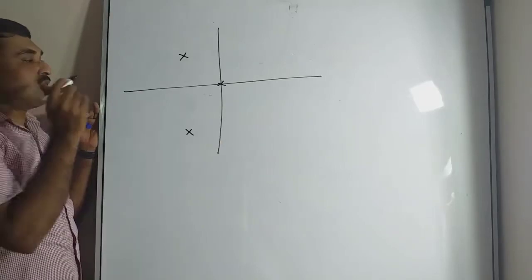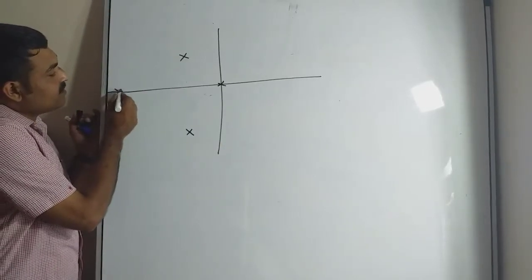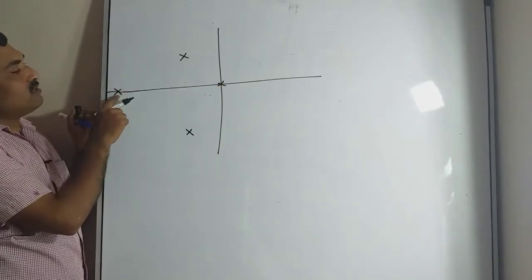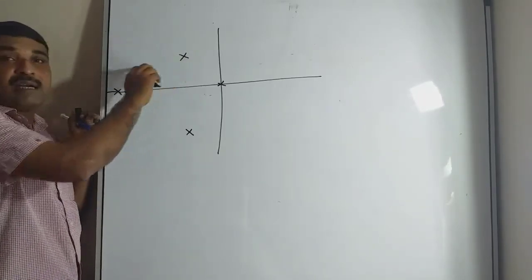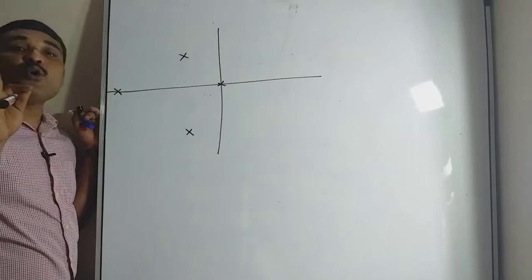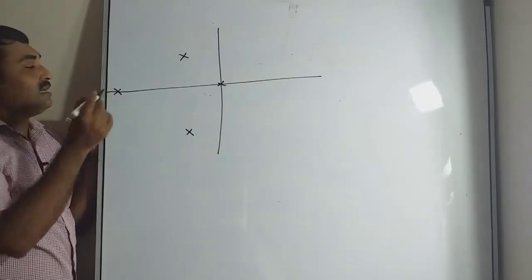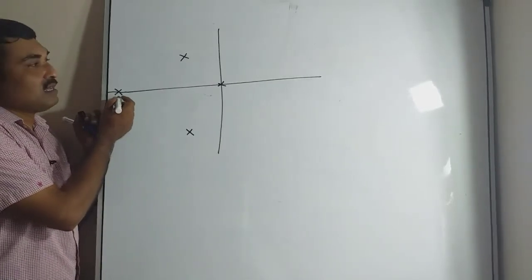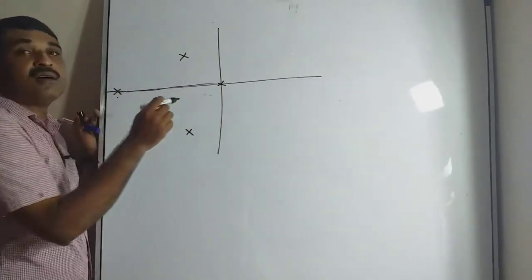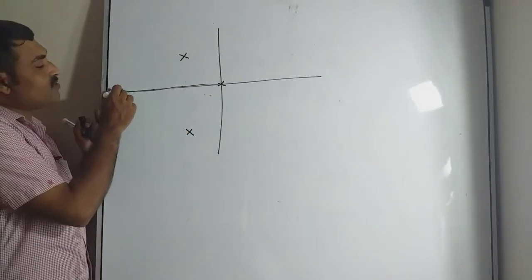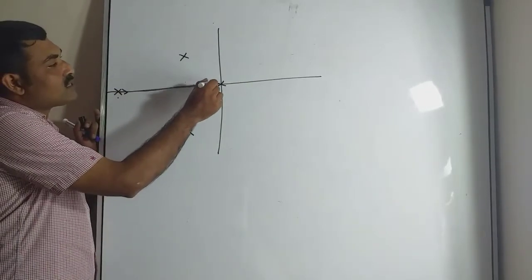We have four poles, and one pole is lying here. One pole at the origin, one pole is here and a pair of complex conjugates. This is not symmetric. In the first case we did, the four poles were located symmetrically. Here they are not placed symmetrically. So this portion of the real axis is lying on the root locus. One branch will start from here, the other branch from here.